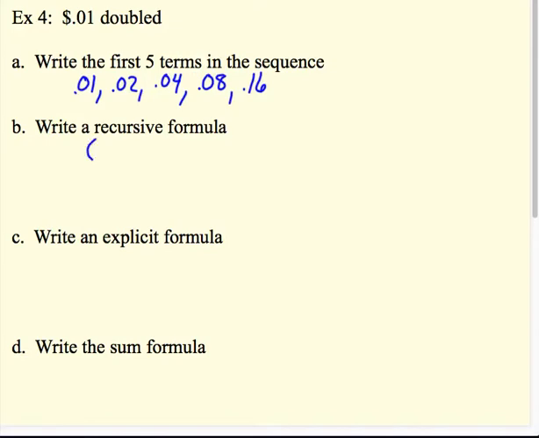The recursive formula, our first term is a penny, and then each additional term is the previous term times 2. We're doubling the amount we save each day. Explicit formula for our geometric sequence, our nth term would be the first term times 2 to the n minus 1 power.